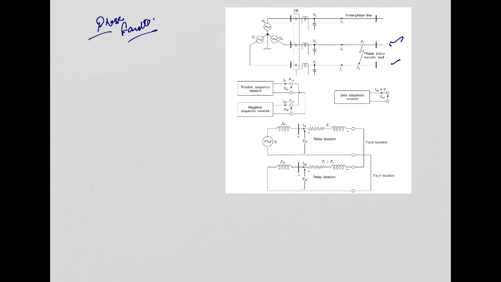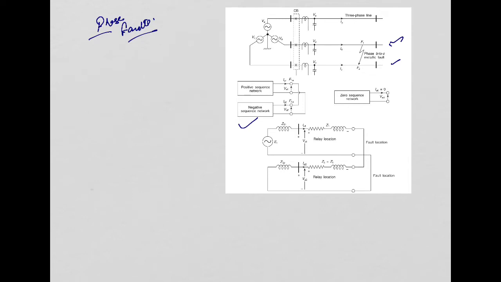This question can be answered if we analyze the problem with the help of symmetrical components, because during the fault symmetrical components come into play. Now a phase to phase fault can be represented by the parallel combination of positive and negative sequence networks at the fault point, as shown here. I assume that you have studied that in your power system.